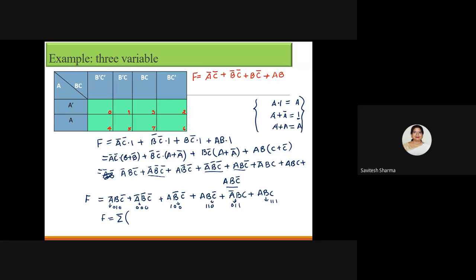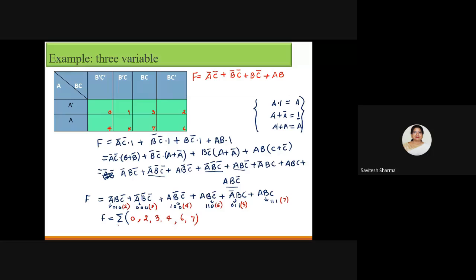What is the decimal equivalent? For this it is 2, for this it is 0, for this it is 4. I am now writing the decimal equivalent for each combination. It is 6, it is 3, it is 7. So the minterms, in sequence, are 0, 2, 3, 4, 6, 7.